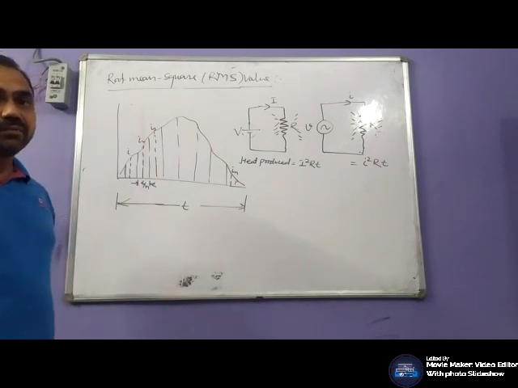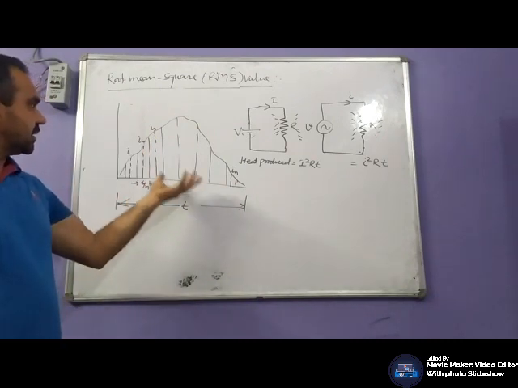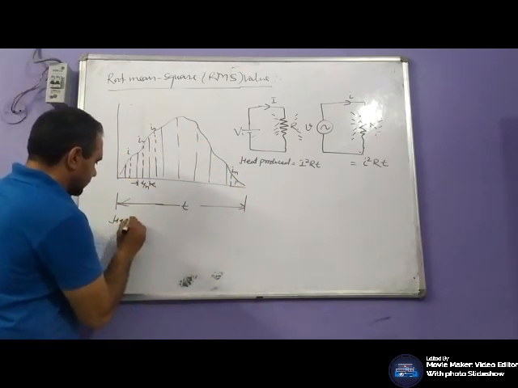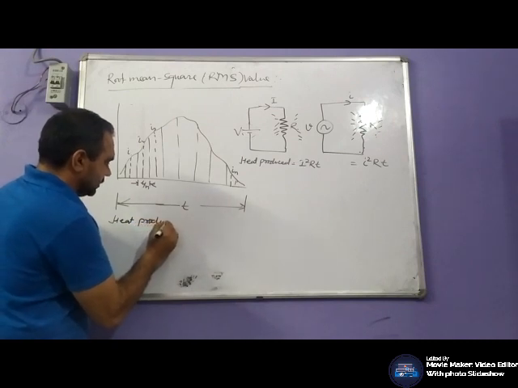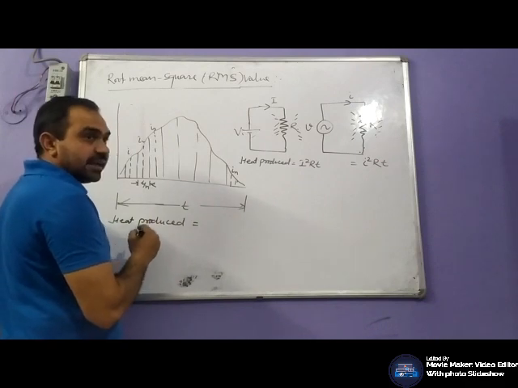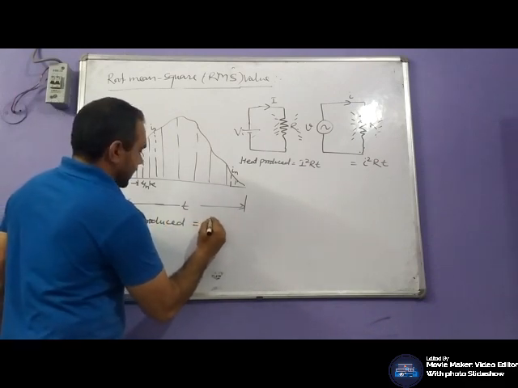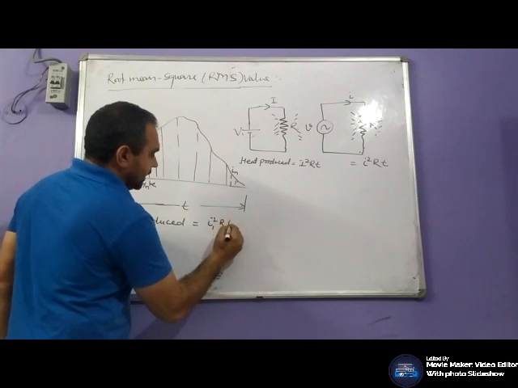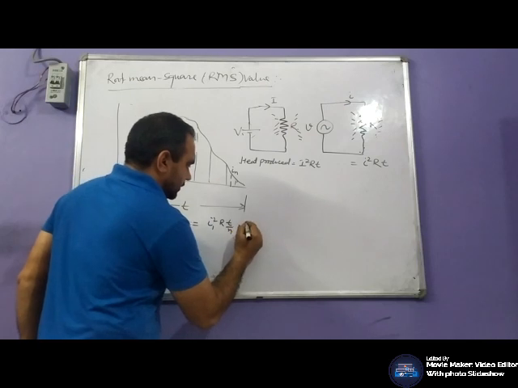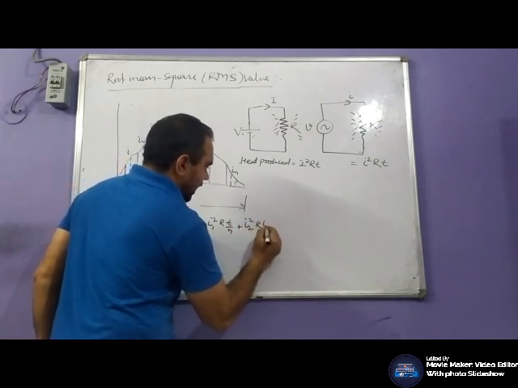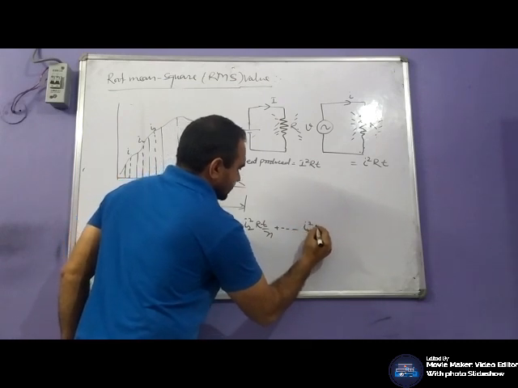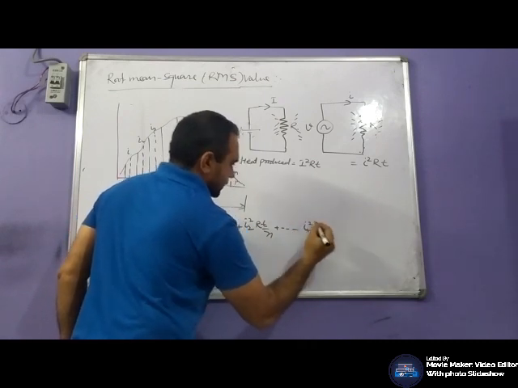So what would be the heat developed by this current? That would be I1 squared R times T by n, plus I2 squared R times T by n, and so on, plus In squared R times T by n.